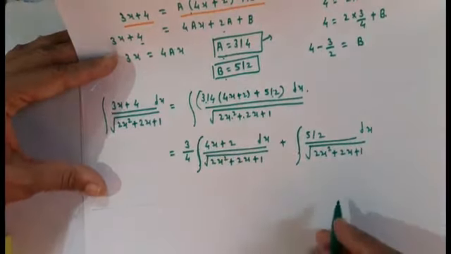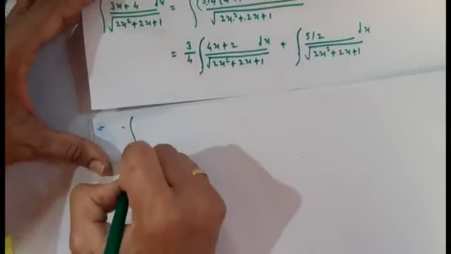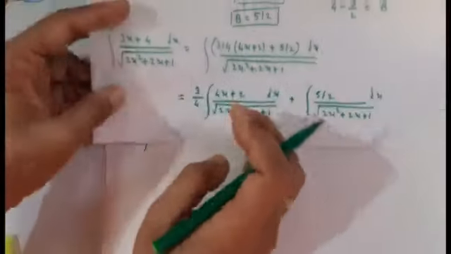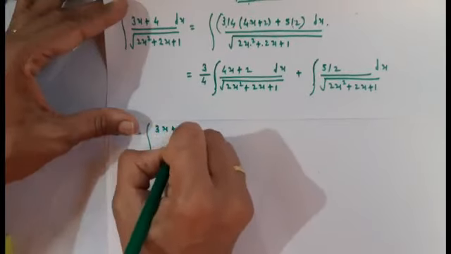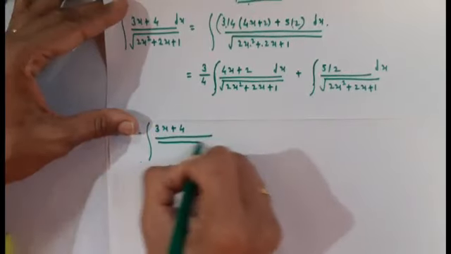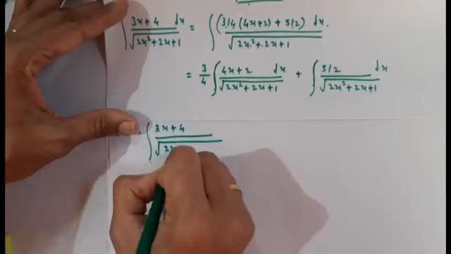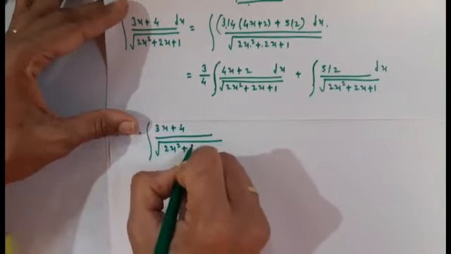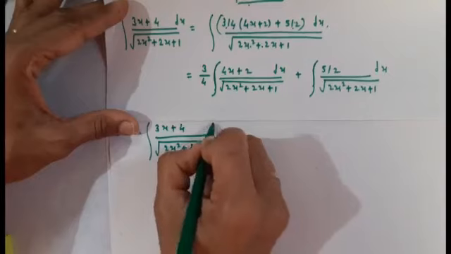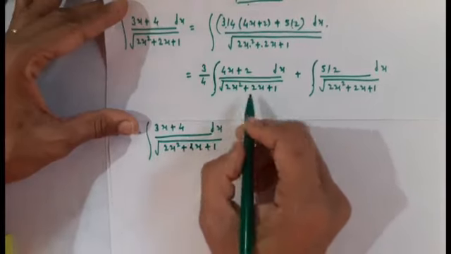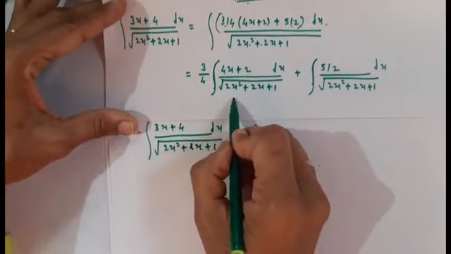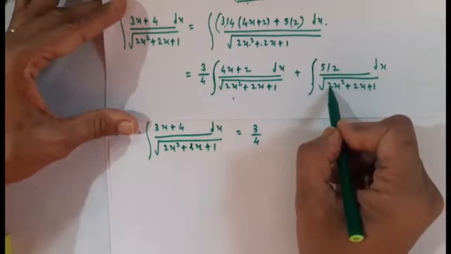Okay students, and now the integration of 3x plus 4 upon square root of 2x square plus 2x plus 1 with respect to x is 3 by 4 times the first integral, plus 5 by 2 as a constant times the second integral.